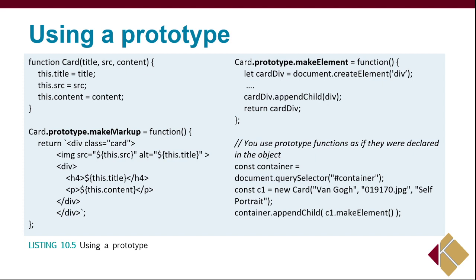You would have to do this for all of your elements, right? So it would basically be let whatever image equal document.createElement image, and then the same kind of thing.